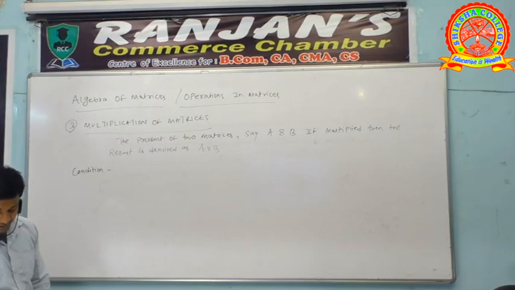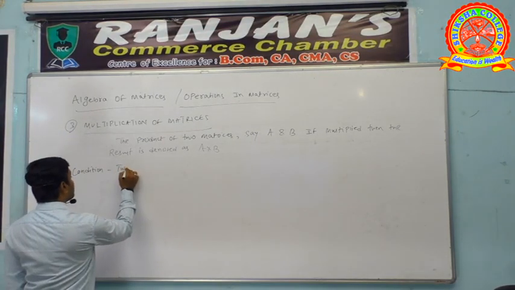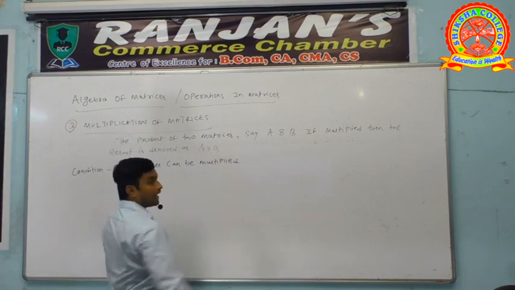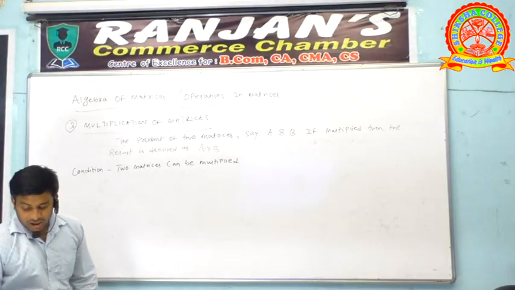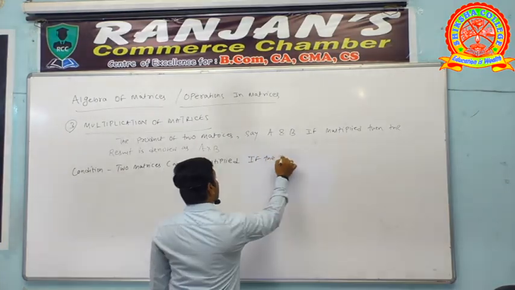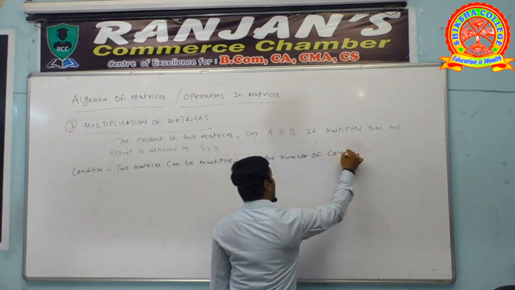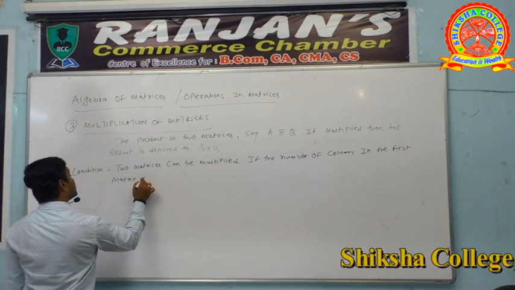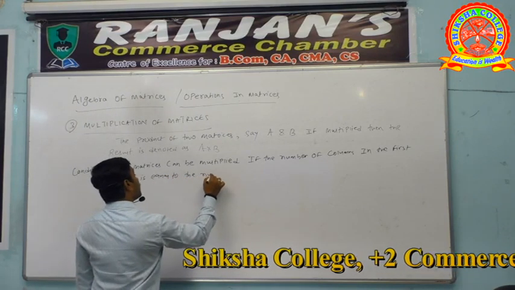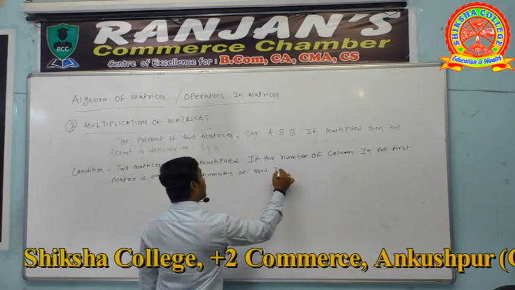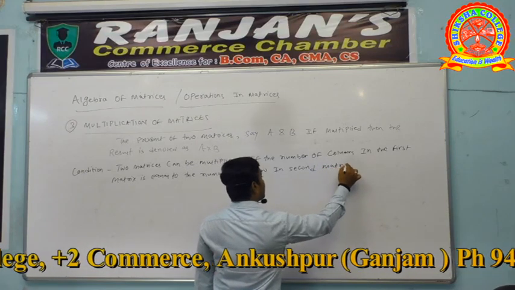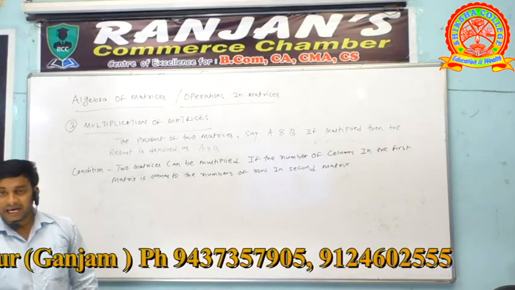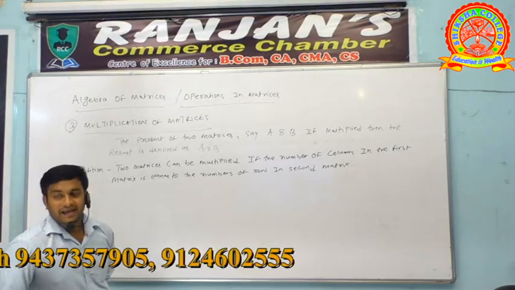what is that condition? Okay, two matrices can be multiplied if the number of columns in the first matrix is equal to the number of rows in the second matrix.